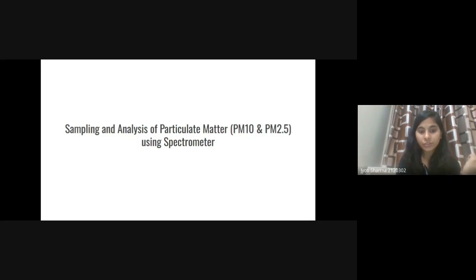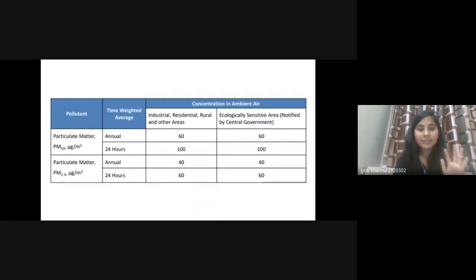So my question will be how we can measure this particulate matter using a spectrometer. And this is just to show you the permissible limit for particulate matter 10 and 2.5. It is 60, 60, 100, 100. And for particulate matter 2.5, this is 40, 40 and 60, 60. Just keep in mind that.